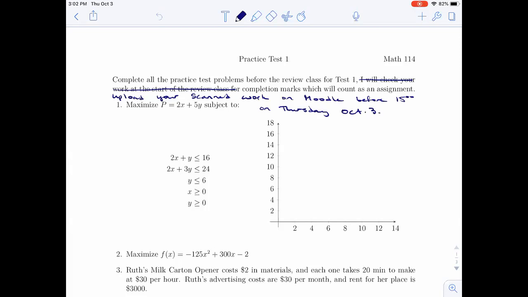Okay. So these ones are yours to keep. Oh, here they come, huh? You guys all have your practice tests and formula sheets?